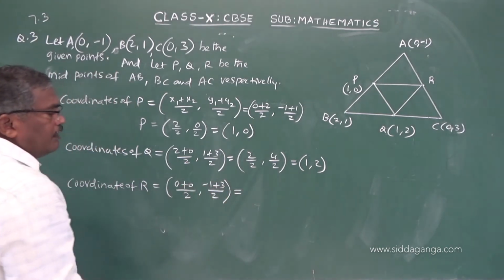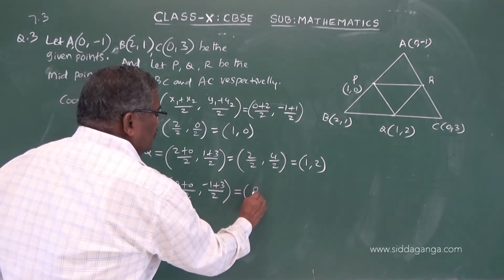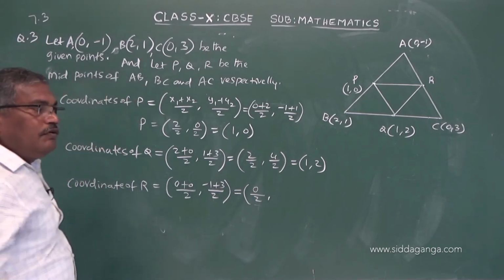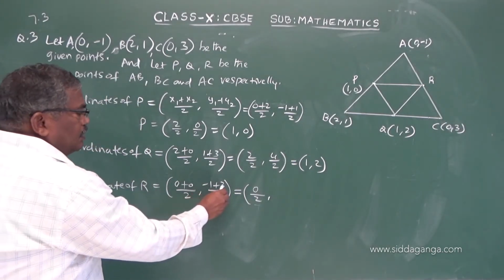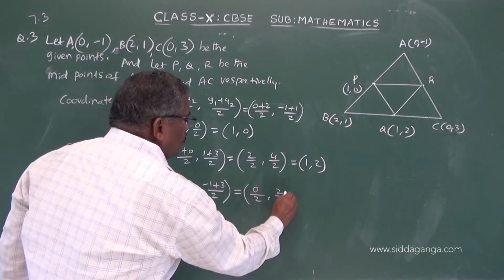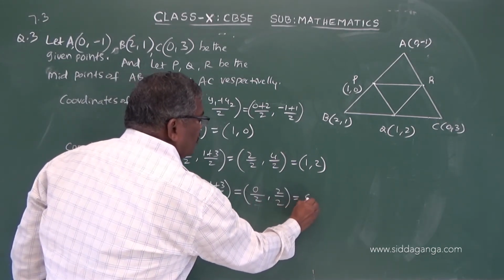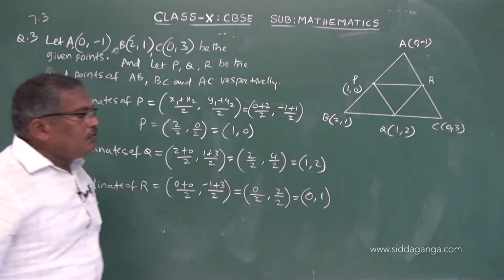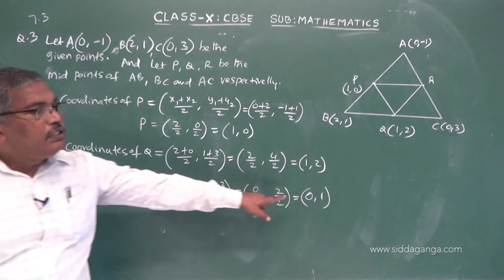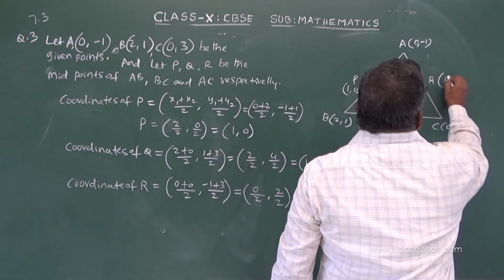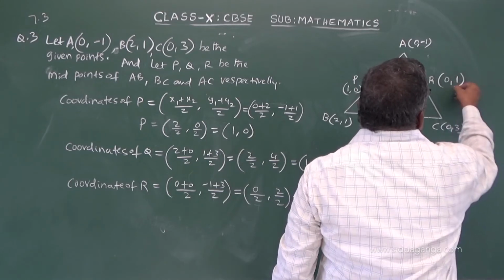So 0 divided by 2, we will get 0 only. Minus 1 plus 3 is 2, 2 by 2. So this equals 0 and 1. Coordinate of R is 0, 1.